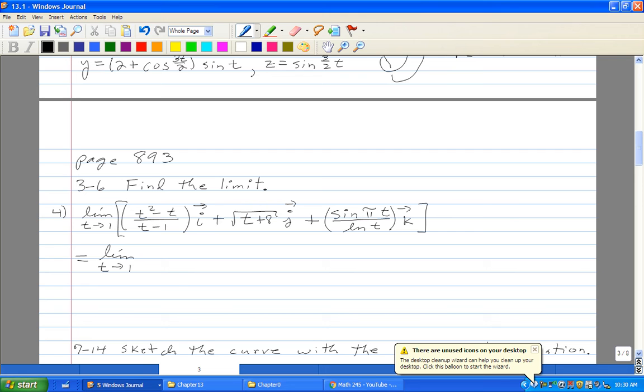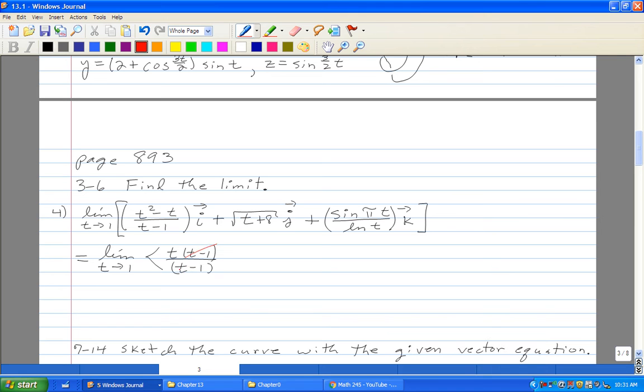I'm going to find the limit individually of all of these, but let's factor out a t, then the t minus 1's cancel. Square, I don't have to do anything with this. t plus 8 radical and sine pi t over ln t.